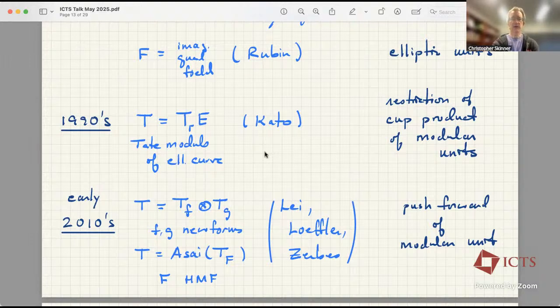So I think this was very, very important for a number of reasons. First of all, it's had nice arithmetic applications, but also psychologically, it suggested that the world of Euler systems wasn't completely inaccessible beyond the handful of examples we'd known in the previous century.